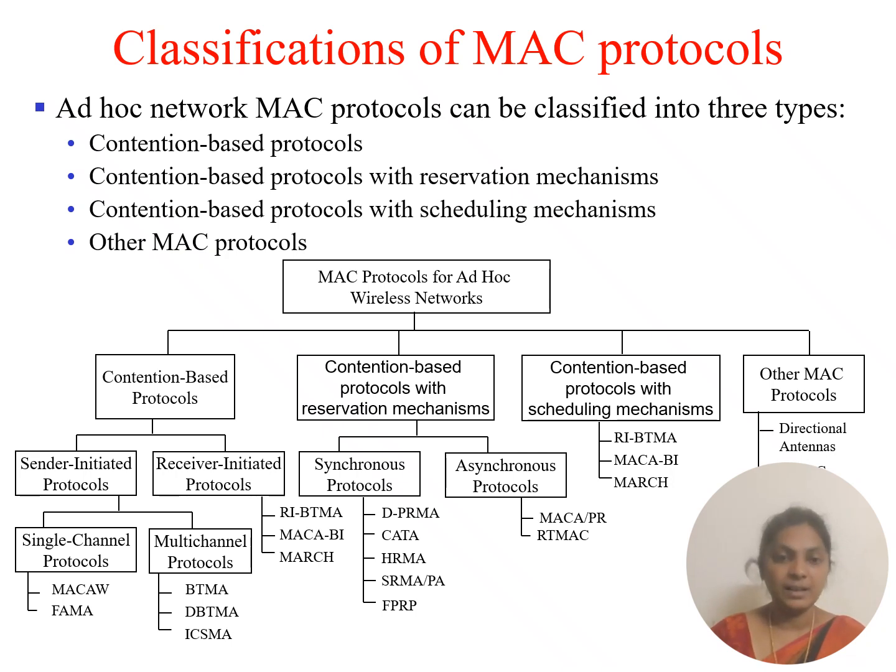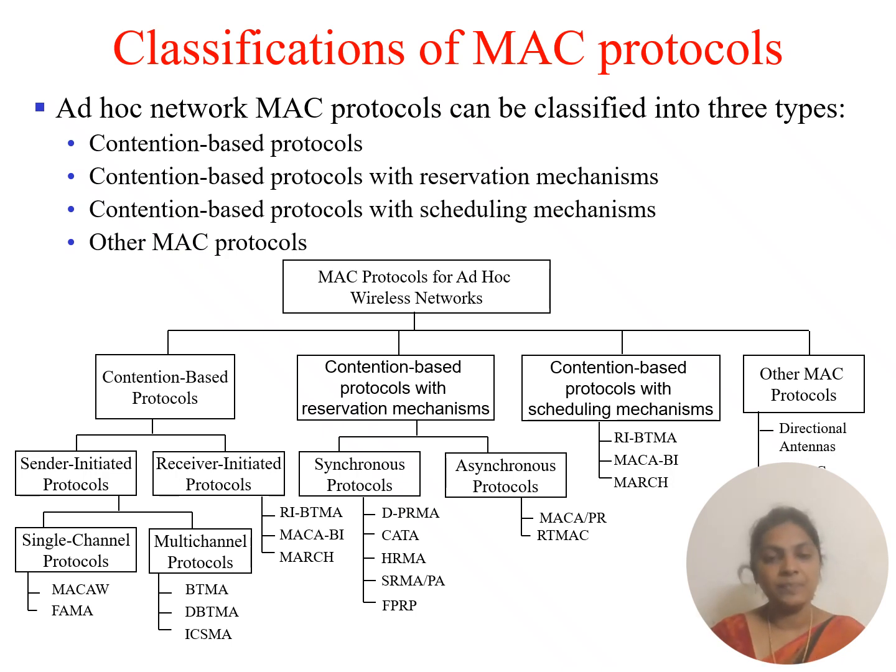And the third category is contention based protocol with scheduling mechanisms. As the name says, it is having some scheduling. Based on some strategy, it could be divided into some time slots, and so on. So the first station has to participate now, and then comes the second station. If any priority comes, it has to be given a higher priority.